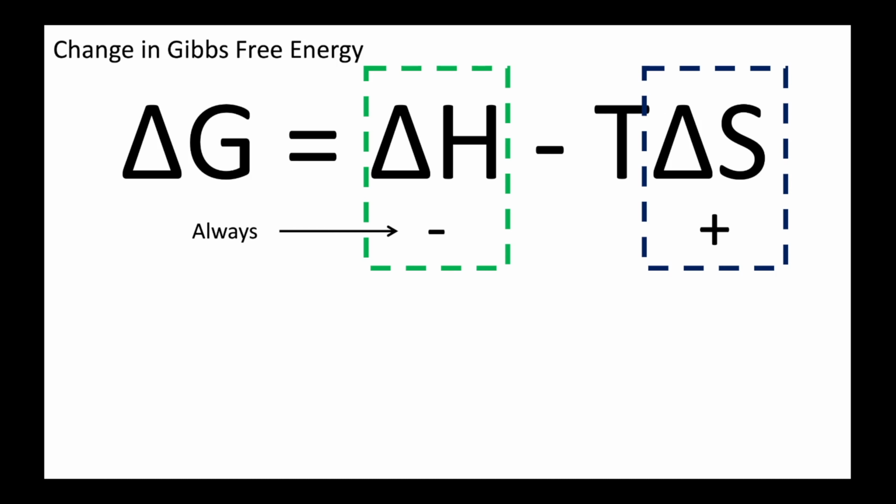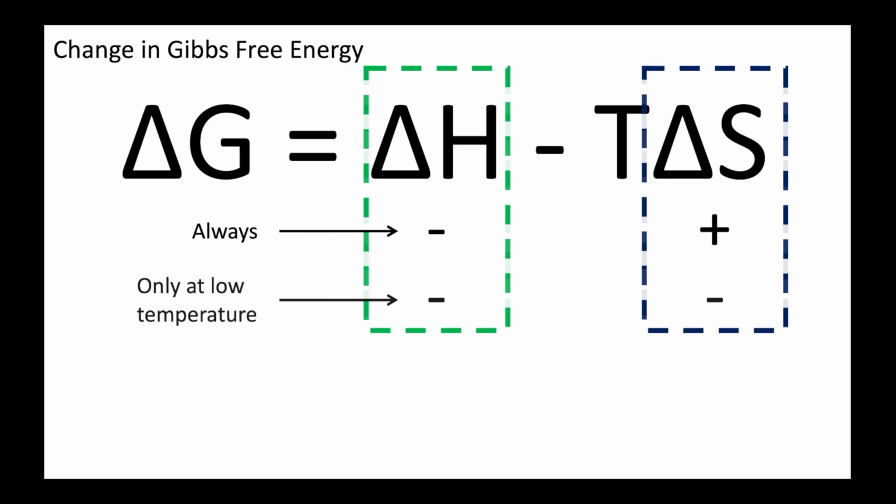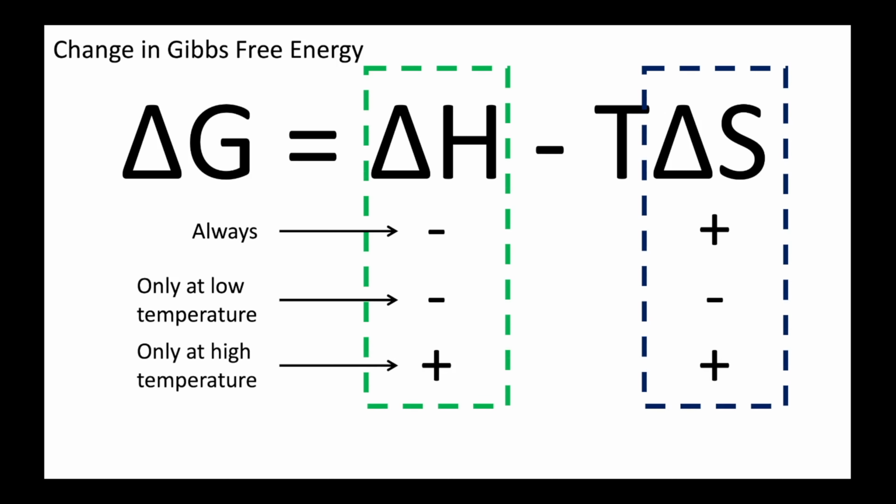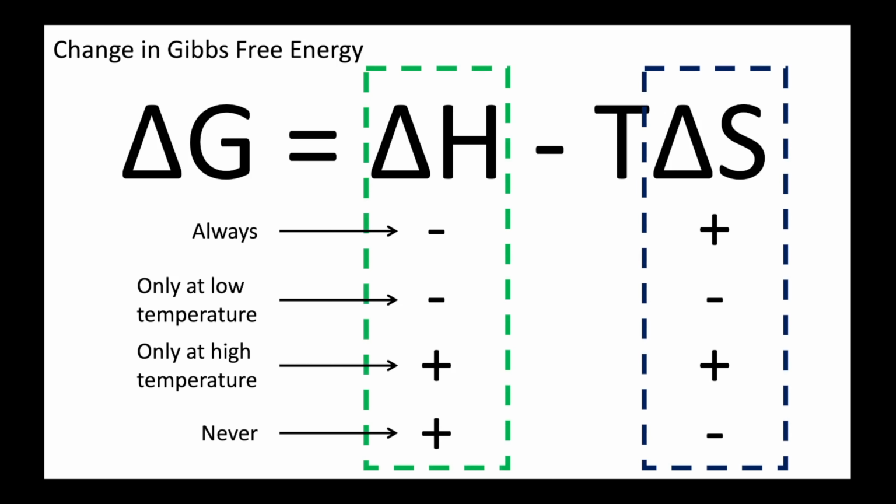If the changes in both enthalpy and entropy are negative, then a reaction can only occur at low temperatures. If both enthalpy and entropy changes are positive, then the reaction can only occur at higher temperatures. And finally, if the change in enthalpy is higher than T delta S, the reaction cannot occur at all.